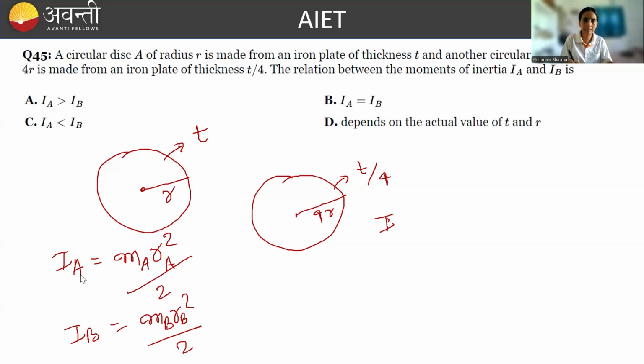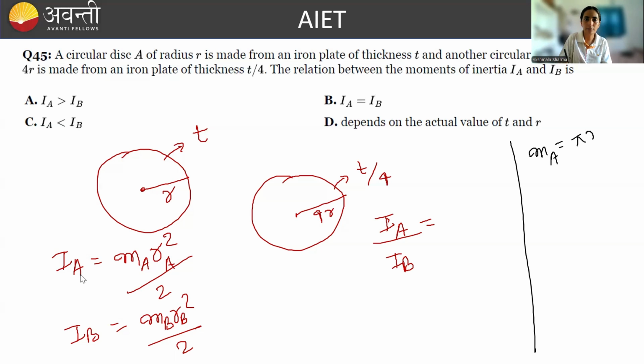So we will take that as same. IA by IB we are going to write as MA by MB times RA squared by RB squared. So what will MA by MB be? Let's calculate that first. The mass of A can be written as volume of cylinder, pi r square into thickness T, into rho. And what will be the mass of B? That is pi times the radius of B, 4r, squared, into thickness T by 4, into rho.